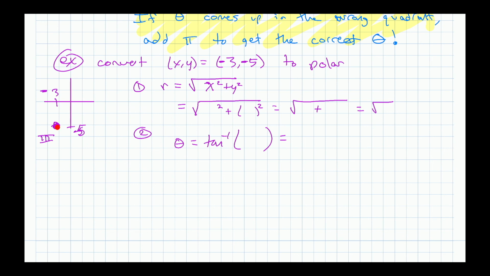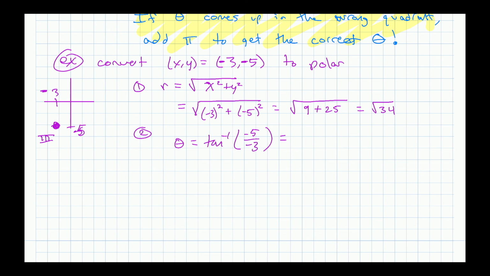Now let's go through and calculate it. So -3, -5, both negative, both negative. Okay. So again, you're going to calculate r first. So -3 squared, -5 squared. This is going to work out the same. That's still going to be square root 34. Okay. Now for the theta is going to be tangent inverse y over x, which is -5 over -3.